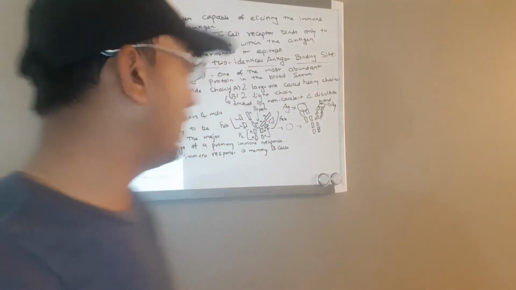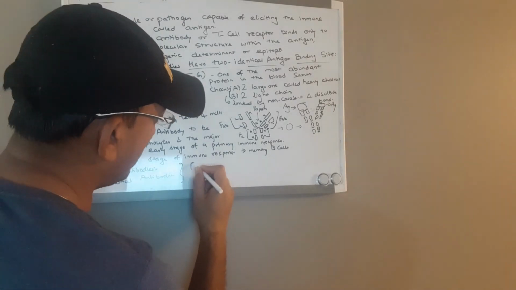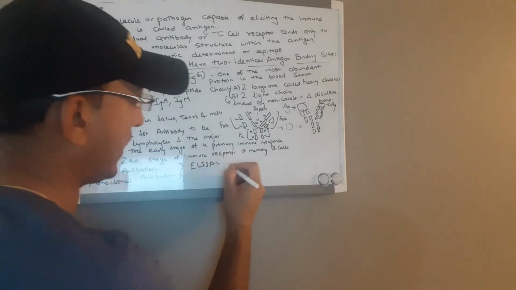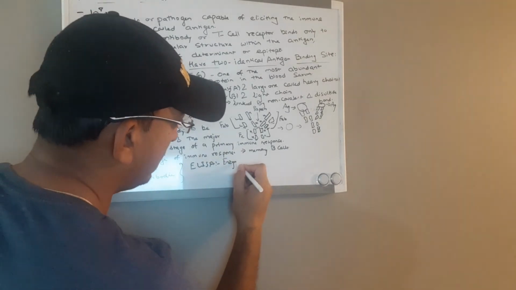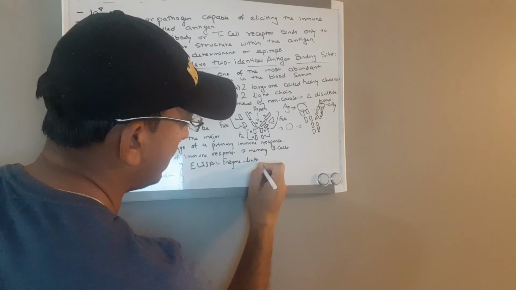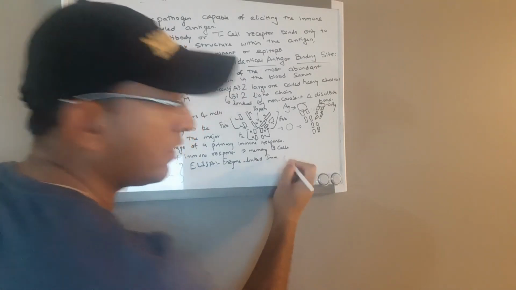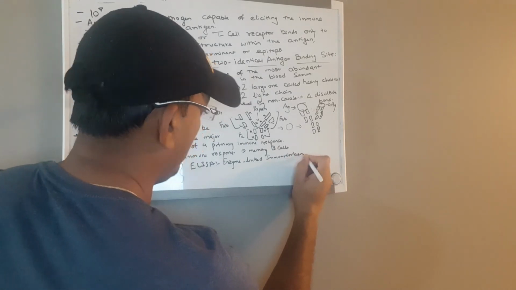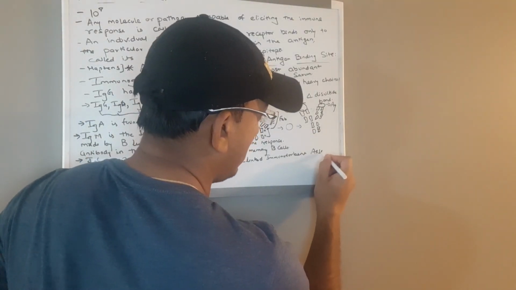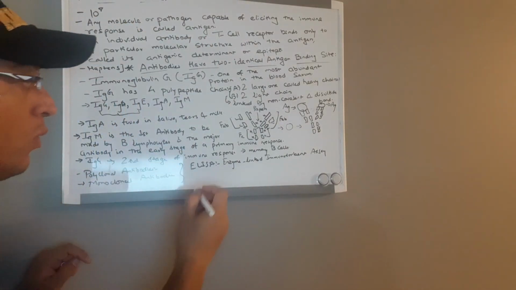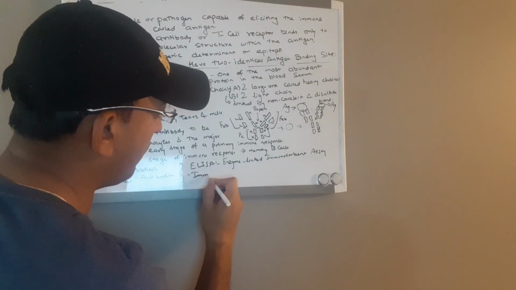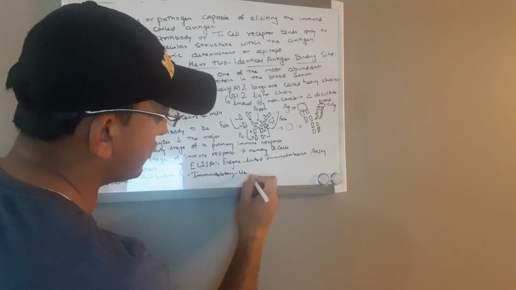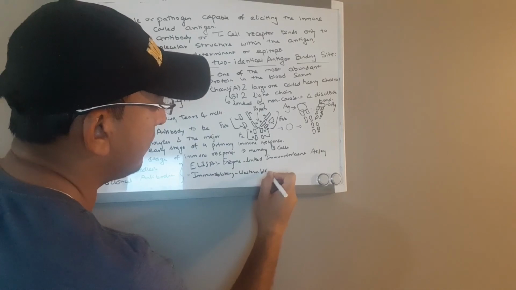ELISA and immunoblotting are the two different techniques that are used. ELISA, the full form is enzyme-linked immunosorbent assay, and the other one is immunoblotting, also known as Western blot.